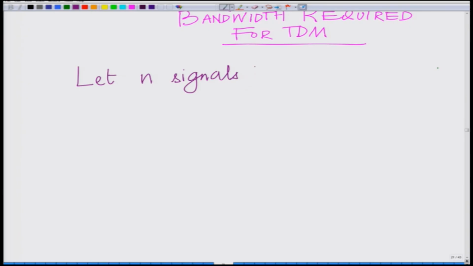Let us say we are multiplexing n signals using time division multiplexing. Let n signals be multiplexed and all are sampled at equal intervals Ts.